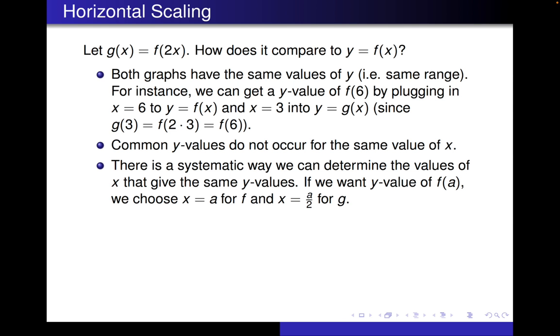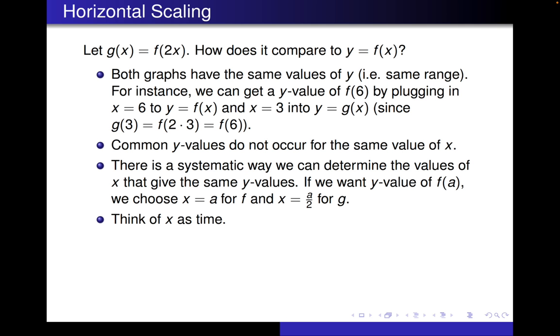Well, the way we do that is plug in x equals a over 2. Because if we plugged in x equals a over 2 for g, then we're taking f of 2x, which is f of 2 times a over 2. Those 2's cancel, and we end up with f of a. So if x equals a works for f, x equals a over 2 gives us the same output for g.